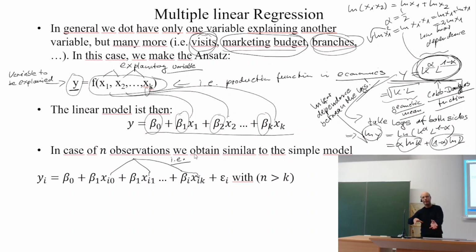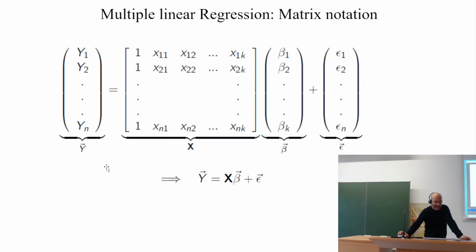That your data point translates then, compared to the simple linear regression, just in this long row where we feed in our data. And this writing we can then compactify within the vector or matrix writing.